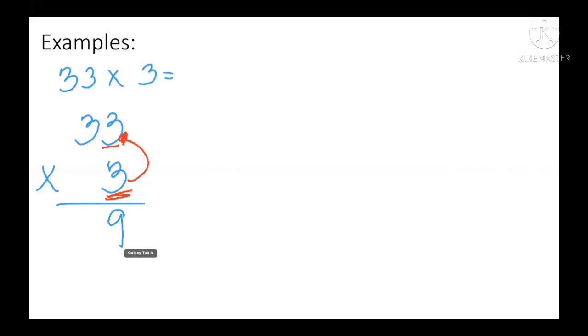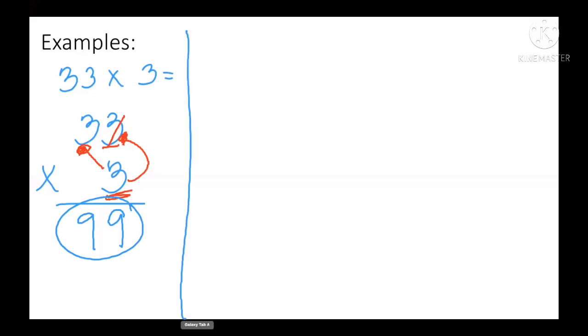And then, after the ones place, let us now move on to the tens place. So we have 3 times 3 again. 3 times 3 is 9 also. So what will be our product? Our product is 99. Good job.